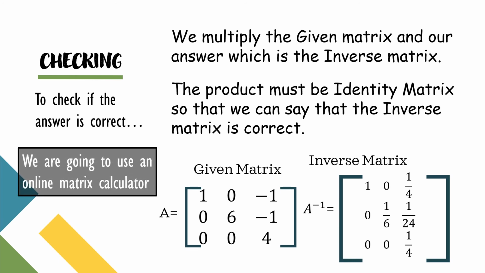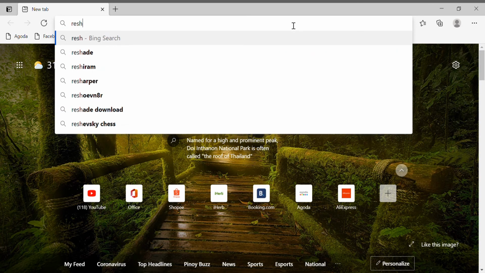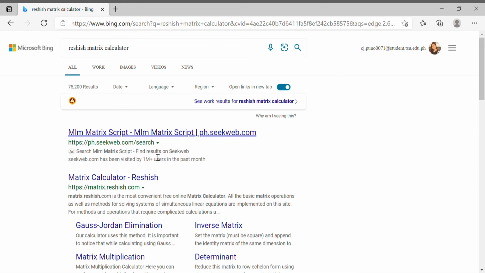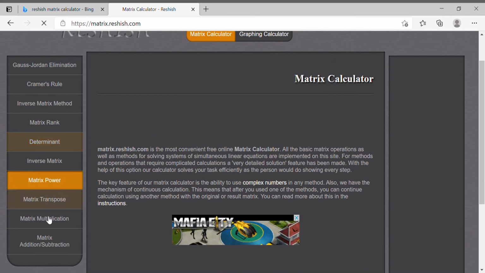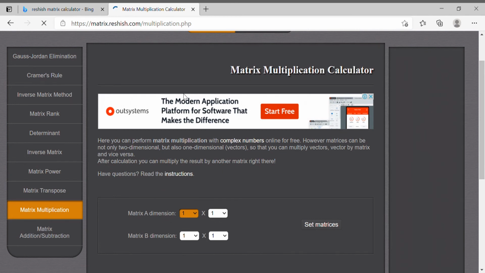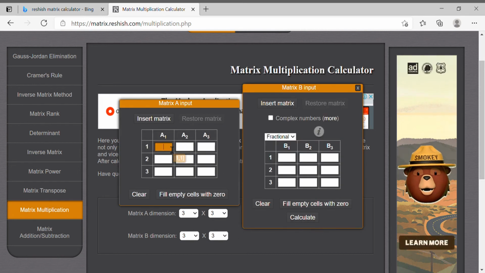We are going to use an online matrix calculator. We search for the matrix calculator, and then we go to matrix multiplication. We input the dimension of our given matrix, and we input the two matrices.